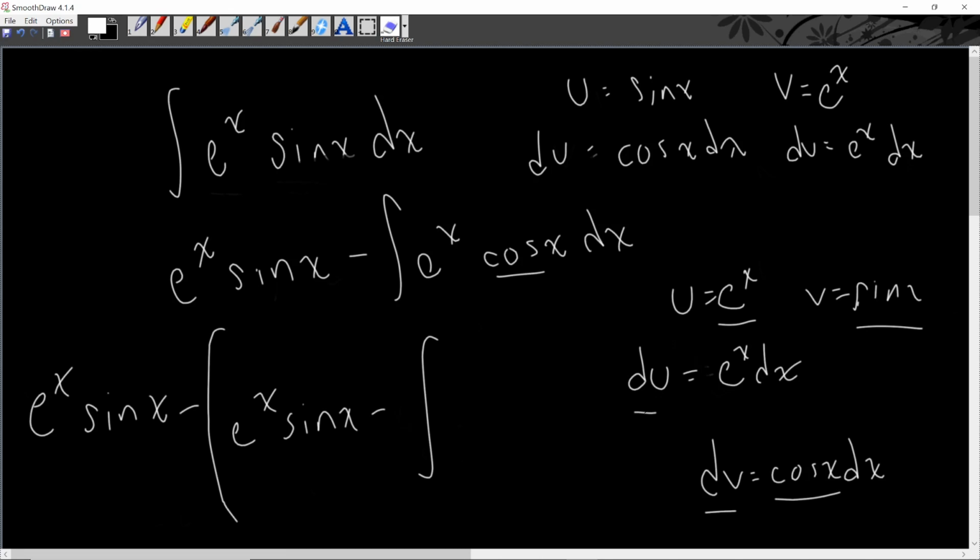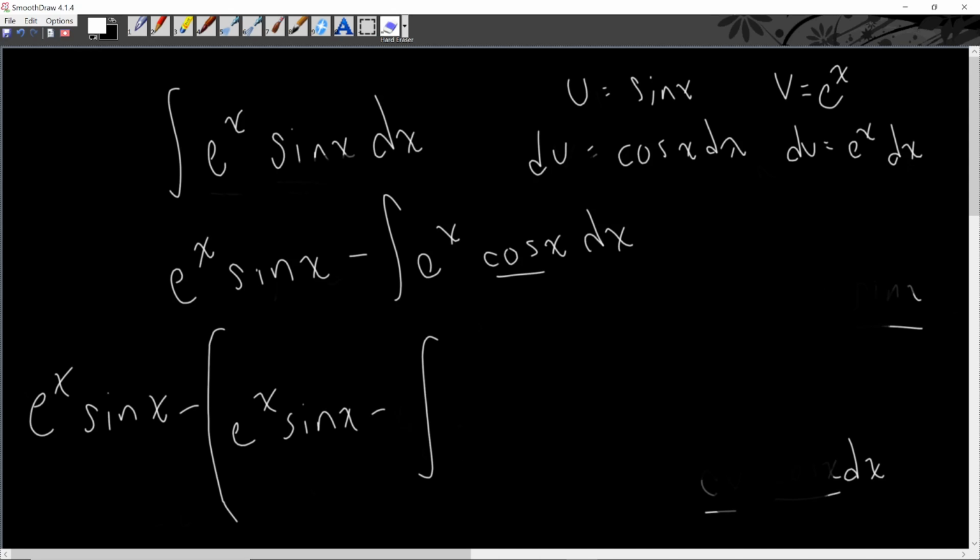So I'm actually going to keep our ideas constant. u is going to be trigonometric, and v is going to be base e.